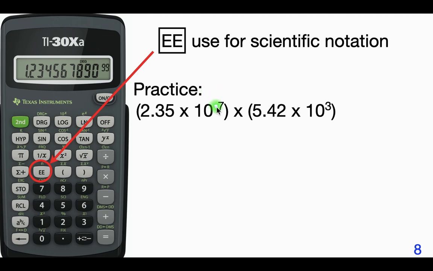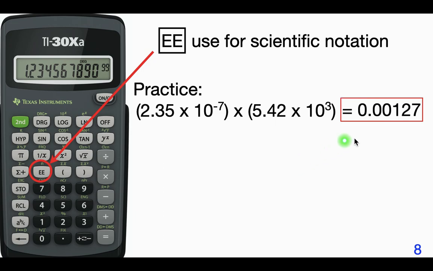But we want a -7. So you would type in EE7 and then hit the change sign key, which is right next to the equal sign at the bottom here, times 5.42 EE3, and then hit equals.